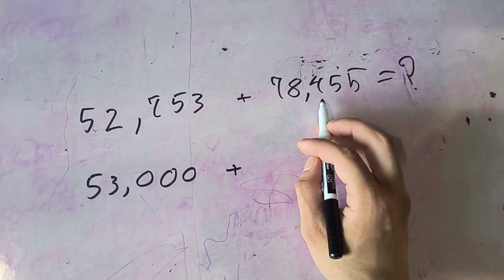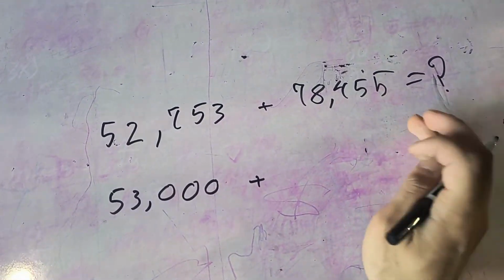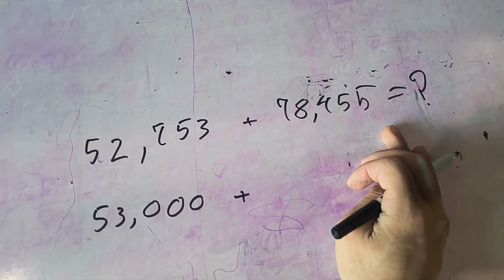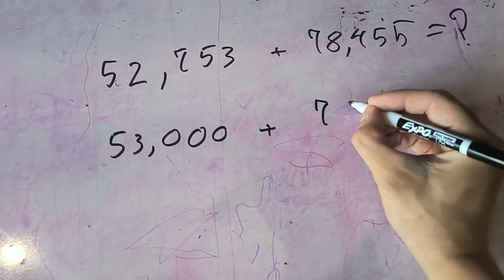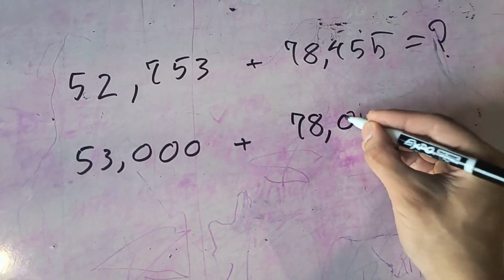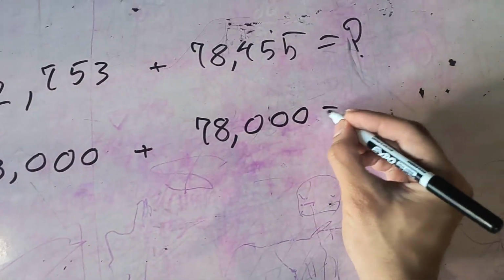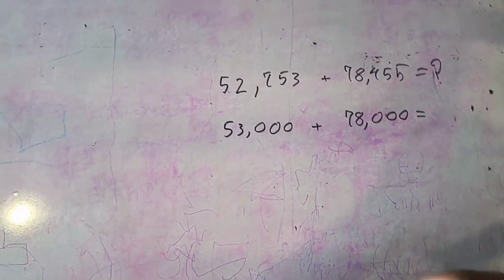Well, what is 8,400 rounded to the nearest thousand? Well, that is 8,000. So if I round this to the nearest thousand, that'd be it.